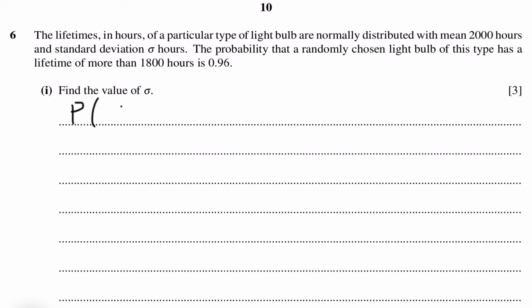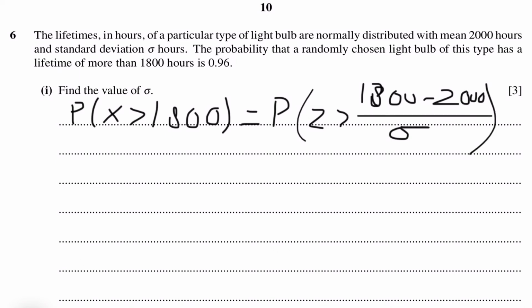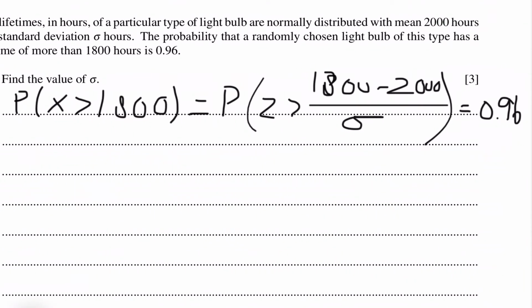So the probability of getting X larger than 1,800 is 1,800 minus 2,000, which is the mean, divided by sigma. And this is equal to 0.96 as stated in the question.